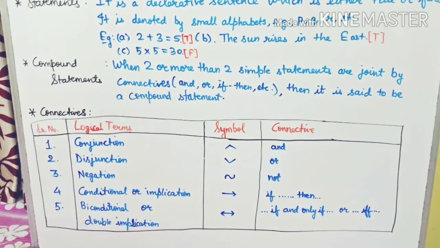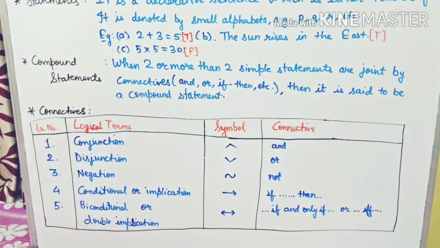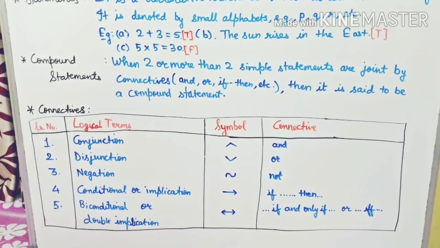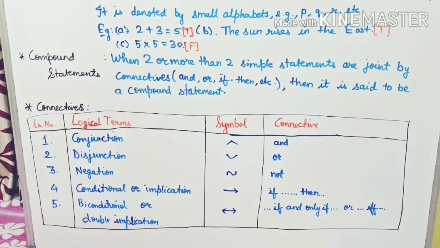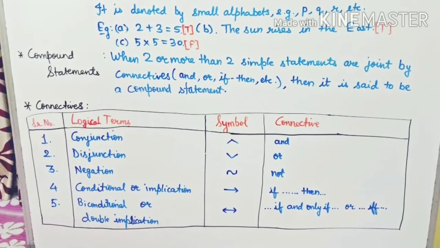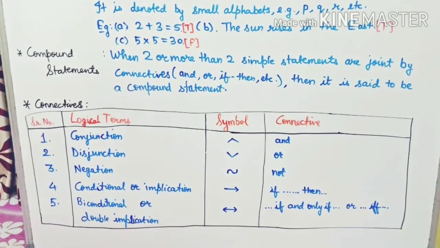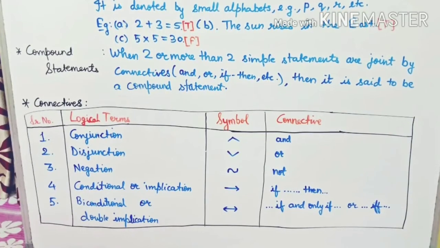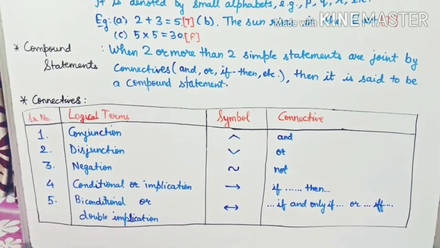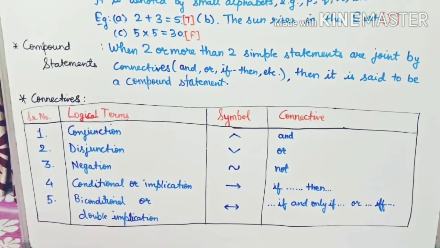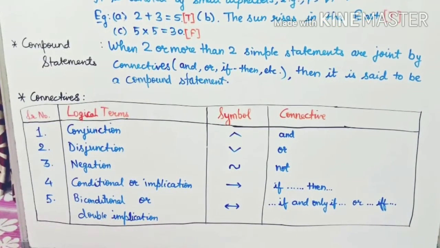Now in this chapter we learn some logical terms and related connectives and their symbols. First one is conjunction. It is nothing but and. Disjunction. The connective is or.